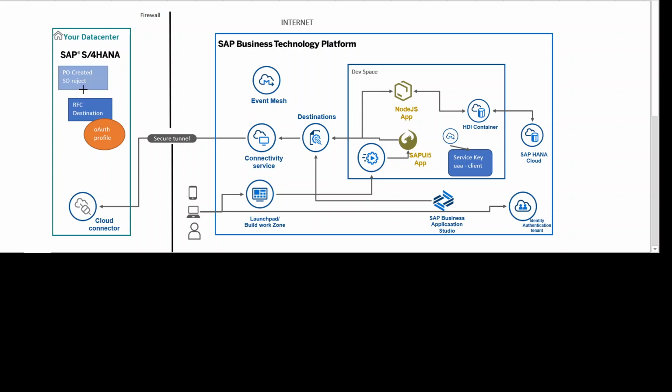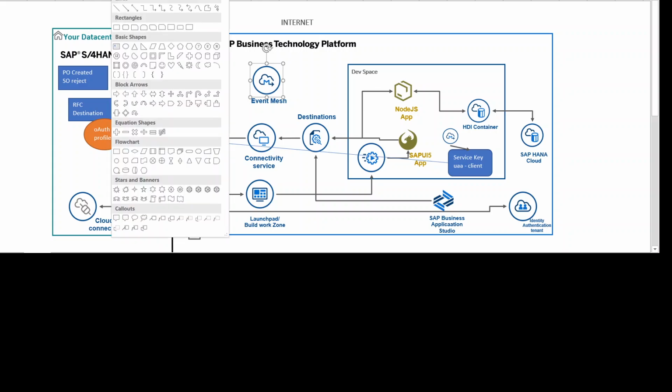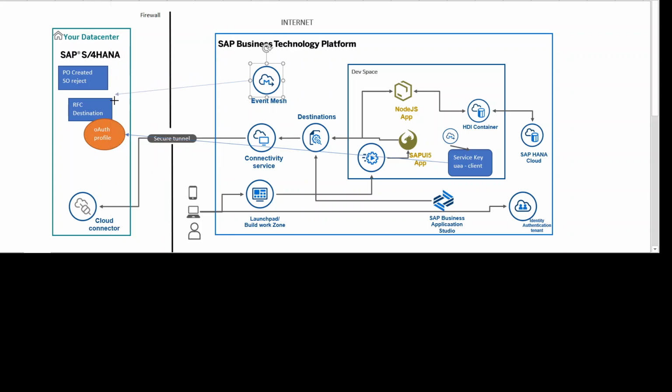Now these events need to be communicated to all of the listeners. Just so that we don't forget, we have the client credentials attached to our OAuth profile. The event mesh URL is attached to our RFC destination. This setup is done.